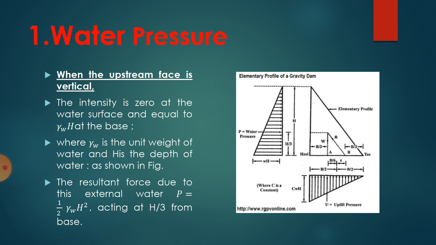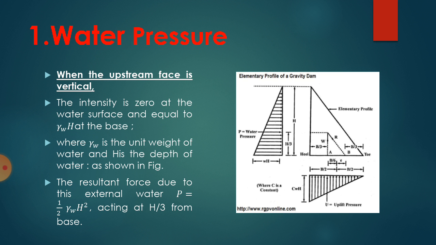First, we will see the water pressure. Water pressure, denoted as capital P, is the major external force exerted by the water stored in the reservoir on the upstream face of the dam.